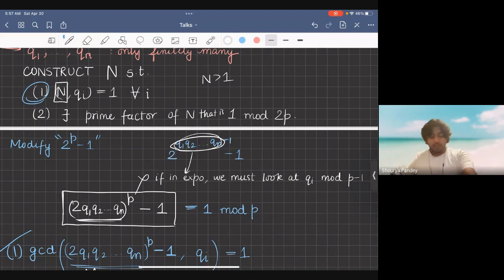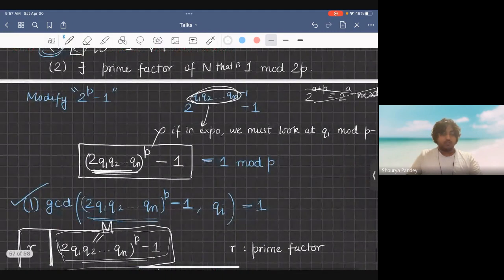So 2 to the a plus p and 2 to the a are not the same thing mod p. Rather, 2 to the a plus p minus 1 is 2 to the a mod p. And so since these qi are 1 mod p, you should put them alongside this. And so this construction just works out.